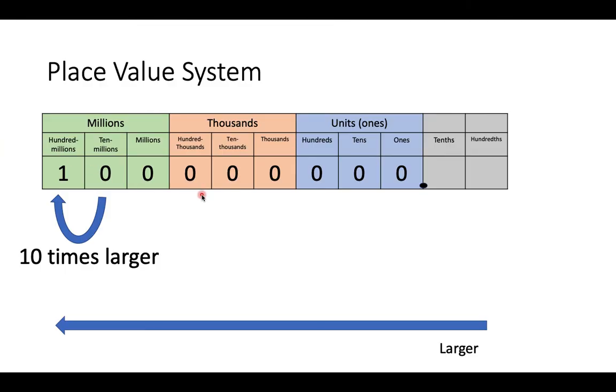So this is how our place value system works. When we move to the left, we're getting 10 times larger each time. When we move to the right, we're getting 10 times smaller each time. Okay, that's all for now.